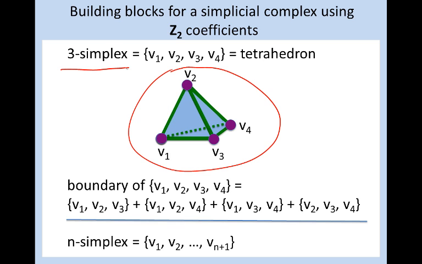The boundary of the solid three-dimensional tetrahedron is the sum of its four two-dimensional faces. So its boundary will be the sum of the face V1, V2, V3, plus the back face V1, V2, V4, plus the bottom face V1, V3, V4, plus the remaining face V2, V3, V4.